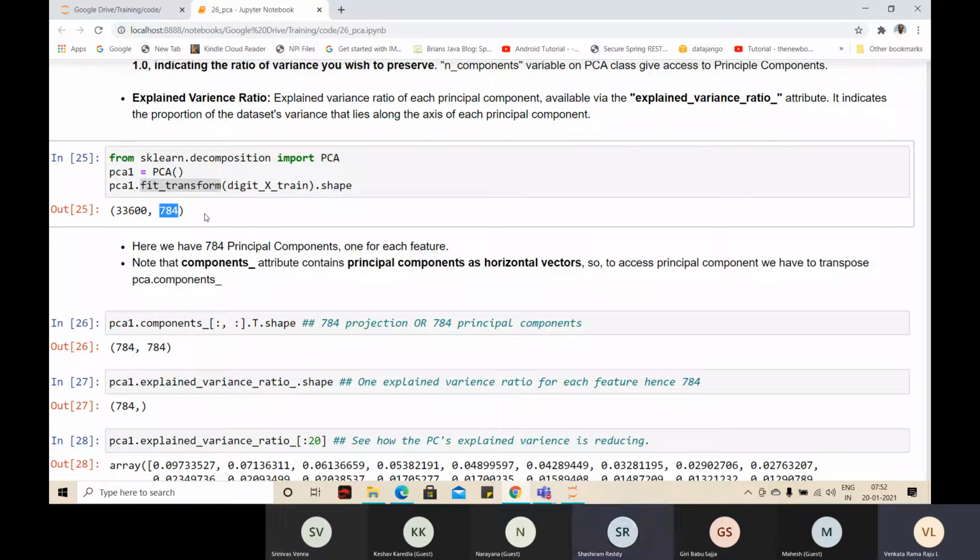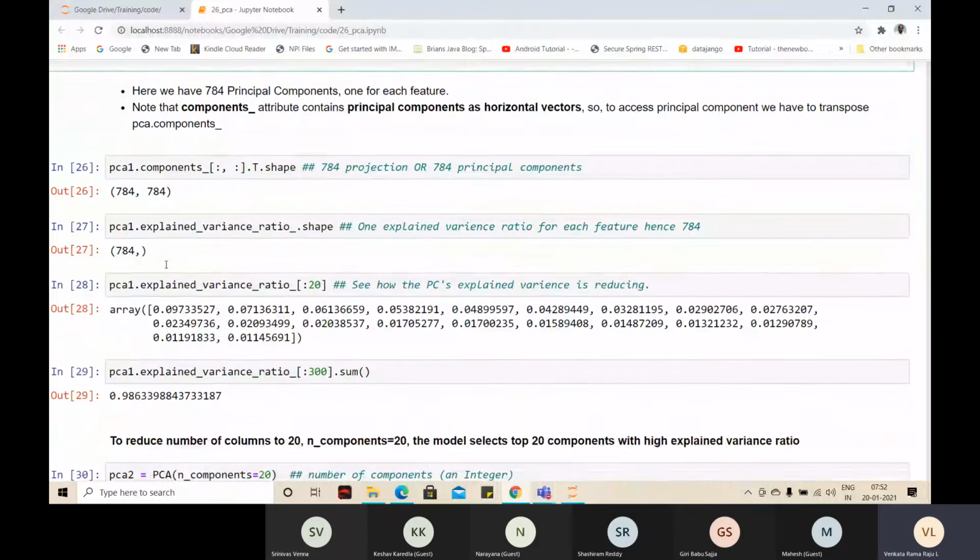We are taking all the components. By default, n_components is equal to 1.0, and 1.0 means 100%. You are taking all the components.